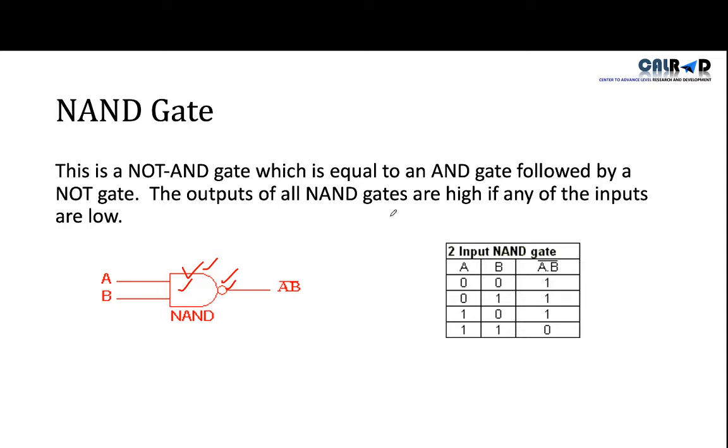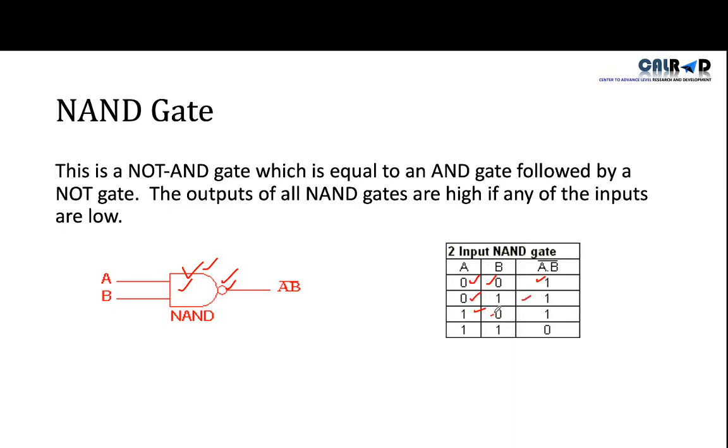The output of all NAND gates is high if any of the inputs are low. This means at least one 0 should be there to get a 1 output. How? With 0 0 inputs, the output is 1. With 0 1, because there is at least one 0, the output is 1.